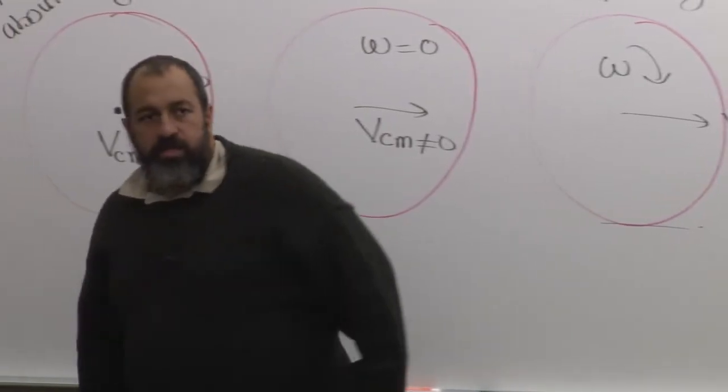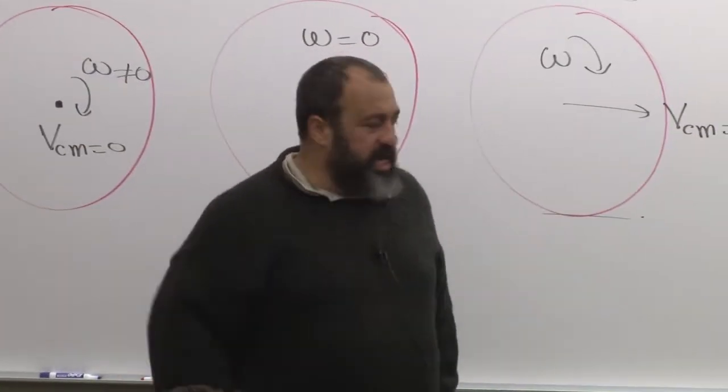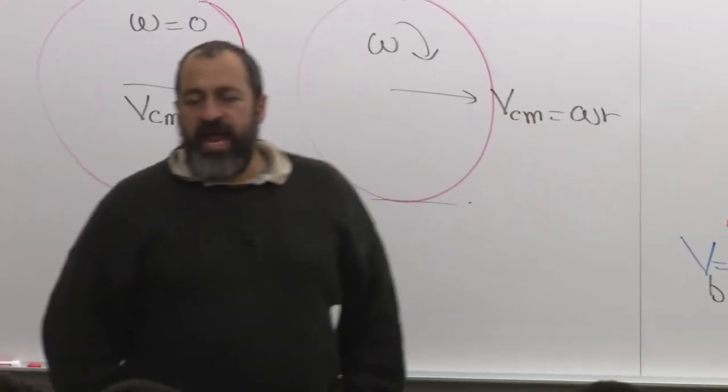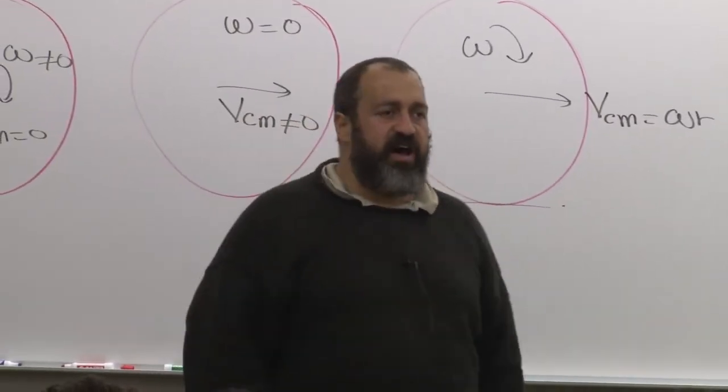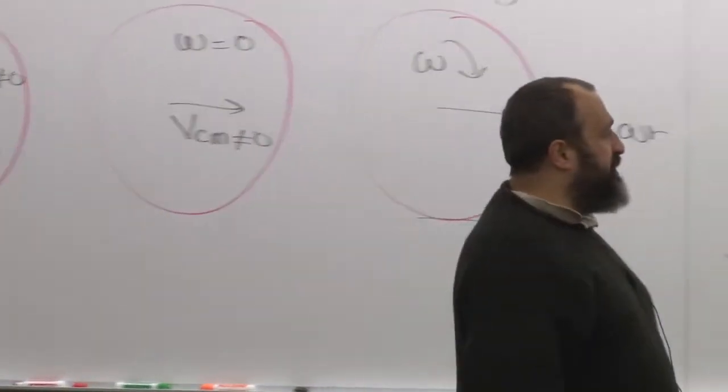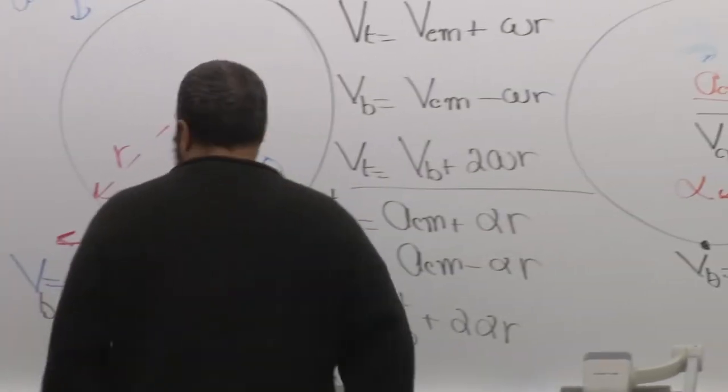So these are key conclusions so far. The A of the center of mass is alpha R, and A at the top is twice as much, 2 alpha R. Same thing holds for the speeds as well.